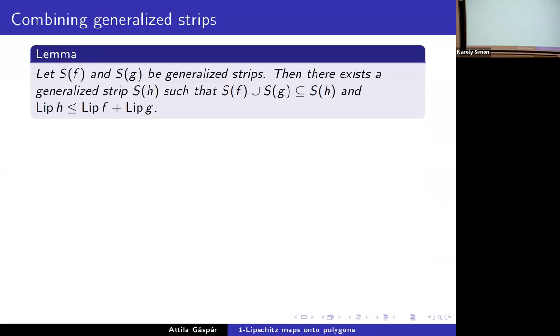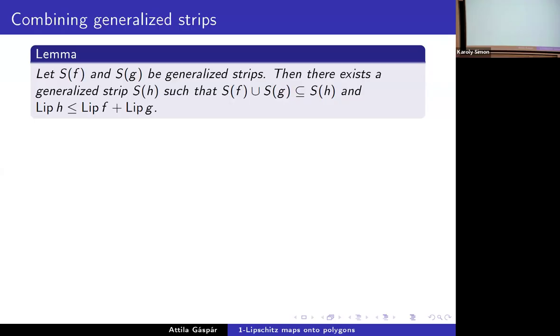It is important that in general, this S_h is strictly larger than the union. As you could see from the previous example, where we have to cut off some parts, S_h will contain also those cut off parts.